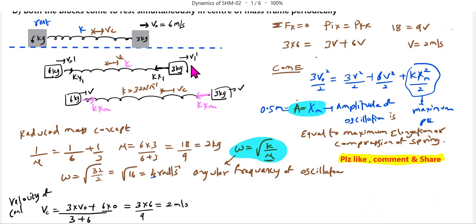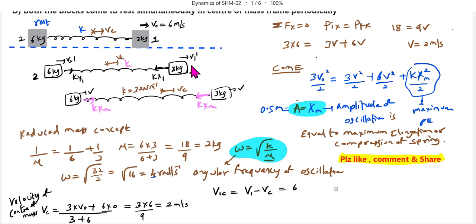This problem is a little bit lengthy, but very important. Then we'll calculate the velocity of blocks with respect to center of mass. Let me call this block 1 and this block 2. We'll calculate the velocity of block 1 with respect to center of mass: V1 minus Vc. V1 is 6, so 6 minus 2 is 4 i cap.